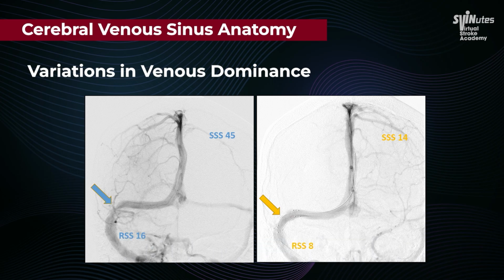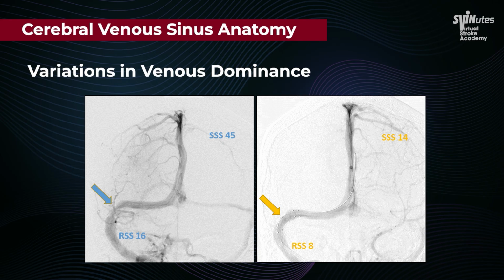And so that's what you're seeing in A and B, where in A, the left transverse sinus is going to be the dominant drainage, and in B, the right transverse sinus is going to be the dominant drainage. And so we see this on imaging every day, but the key is to note that it can actually create pathology. So if you couple that with, for instance, an arachnoid granulation at the transverse sigmoid junction, like in this slide, what you can see is that in this person, the left transverse sinus was the non-dominant sinus.